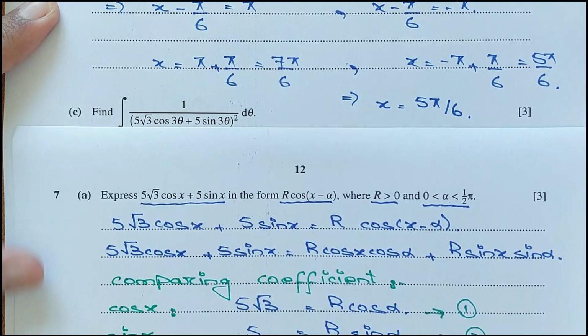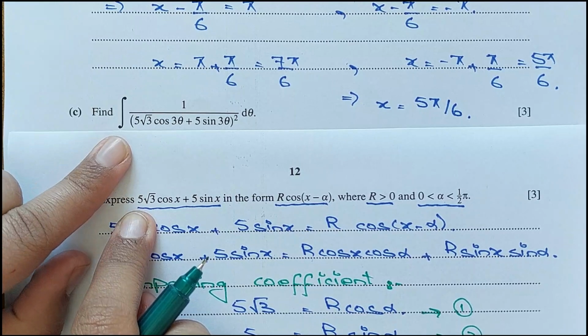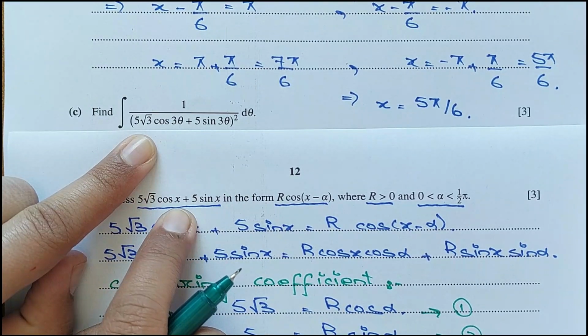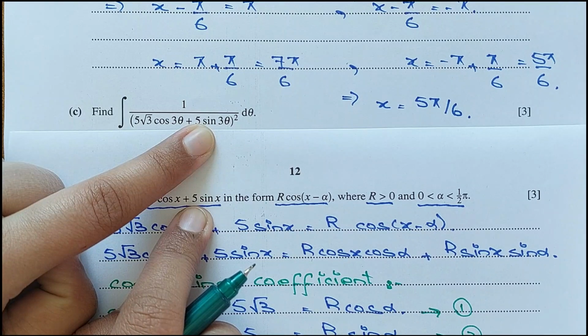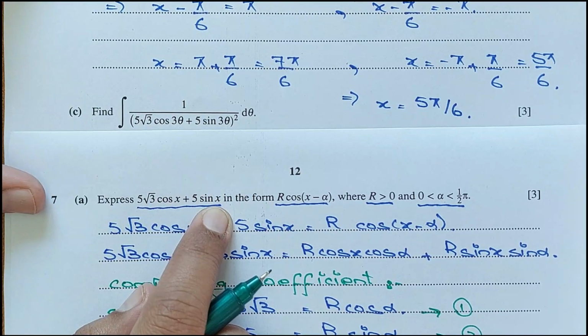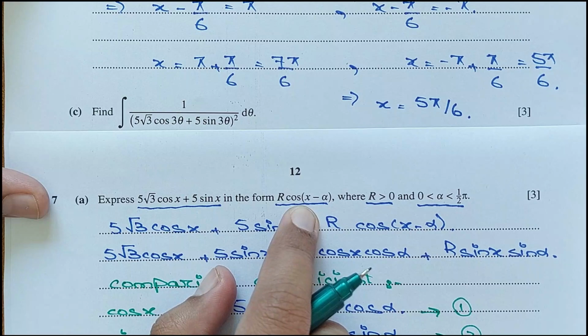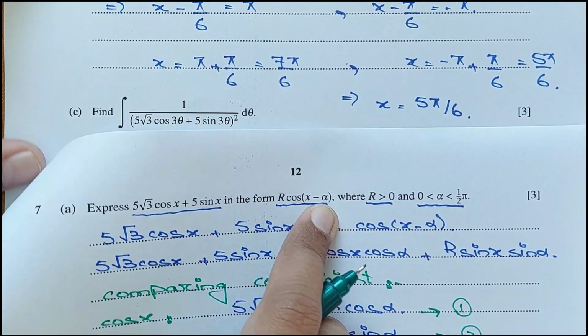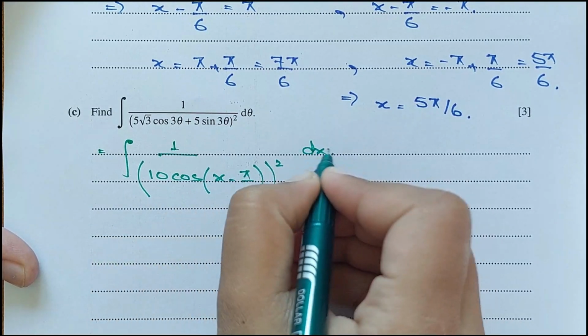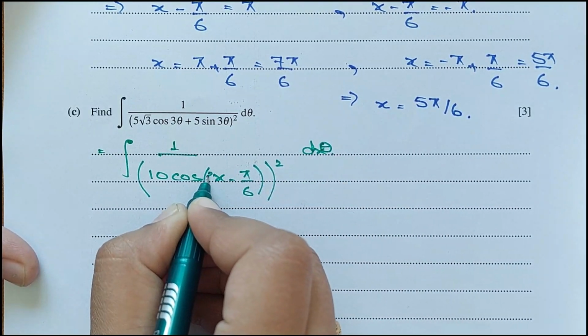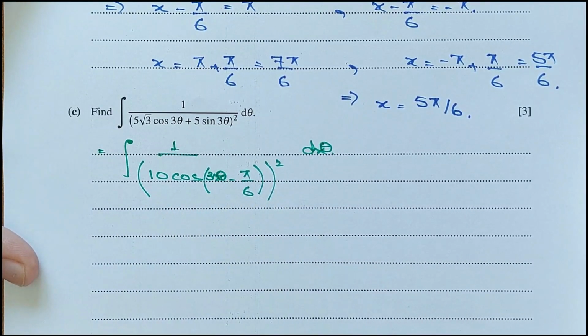Sorry, let me compare this with the given one. Here 5 square root of 3 cos x plus 5 sin x is replaced with 3 theta, so it is r cos(3 theta minus alpha) whole squared, with respect to theta.